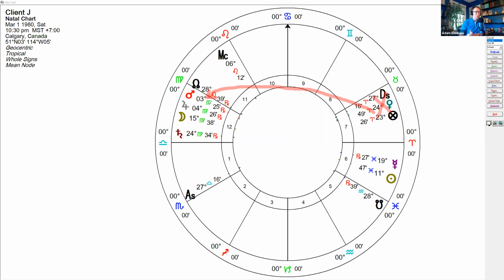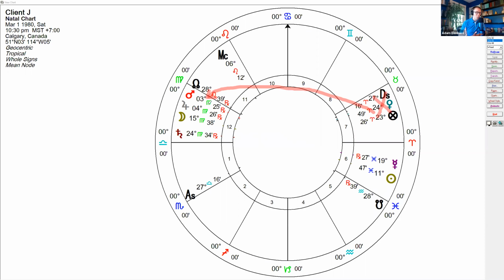A general thing that this person would want to be careful of would be relationships that tend toward conflict, especially conflict that's verbal, mental, emotional, highly critical kinds of conflict, because this is Mars in a Mercury-ruled sign.